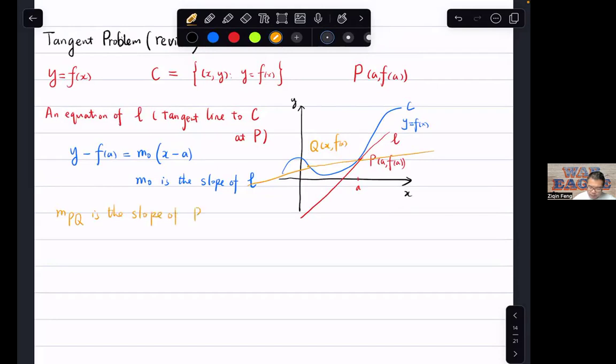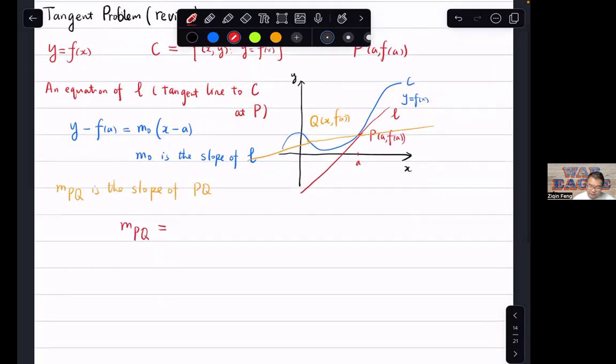We call m PQ the slope of PQ. By our definition of slope, m PQ is the difference of y values over the difference of x values, which is f of x minus f of a over x minus a.